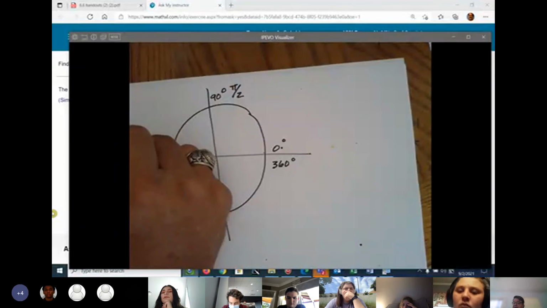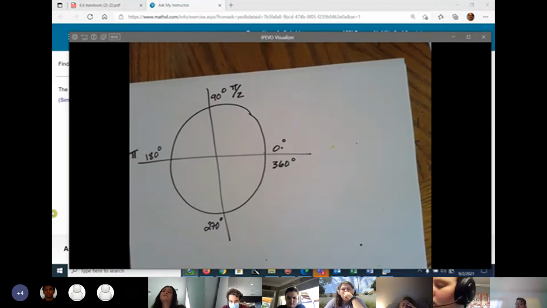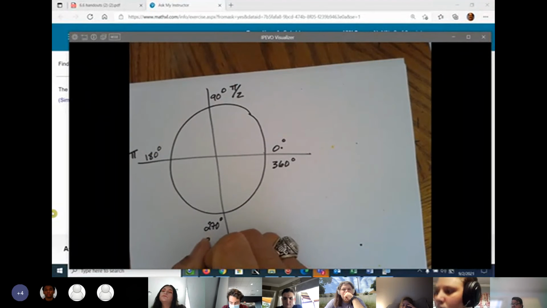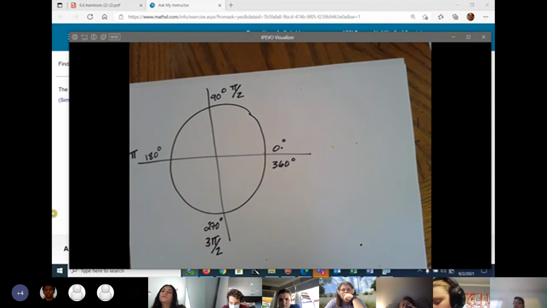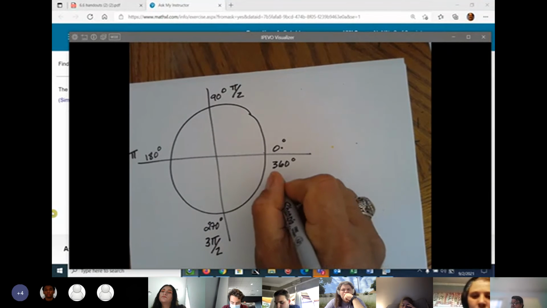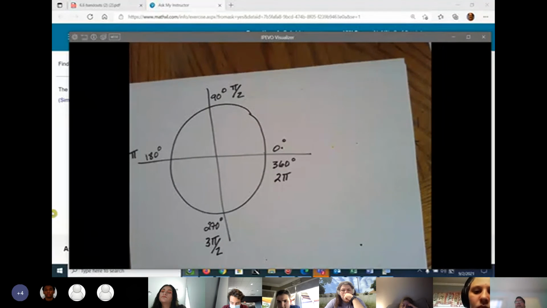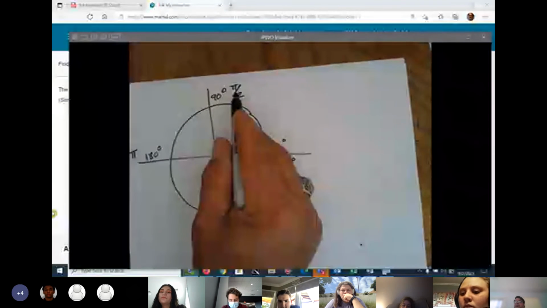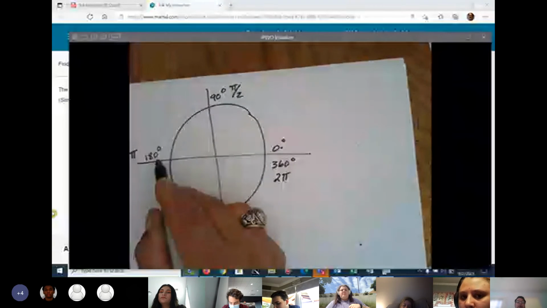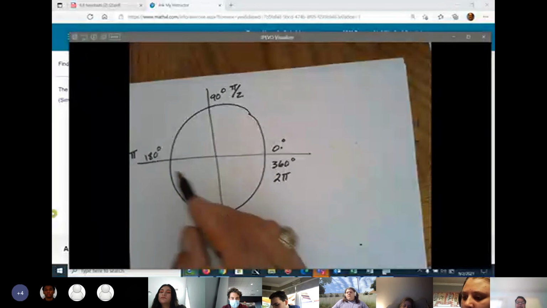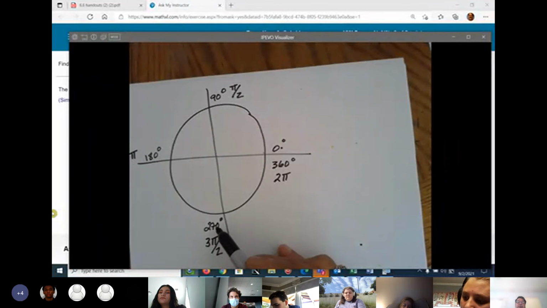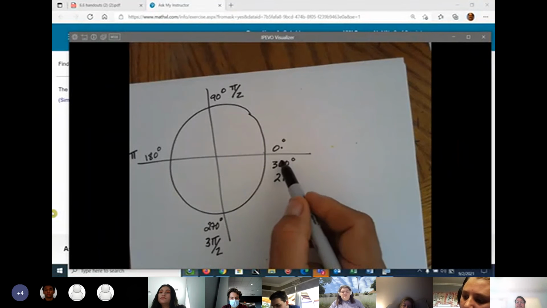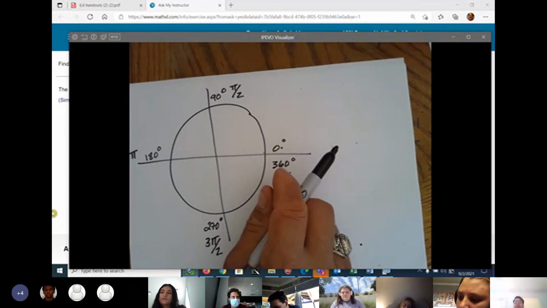This is pi radians. This is 3 pi over 2 radians. And this is 2 pi. Everybody with me? So 90 degrees is pi over 2, 180 is pi, 3 pi over 2 is 270, and 2 pi is 360. Somebody give me a nod.